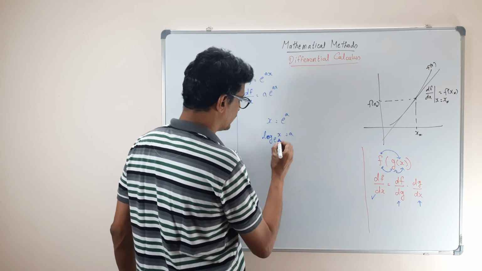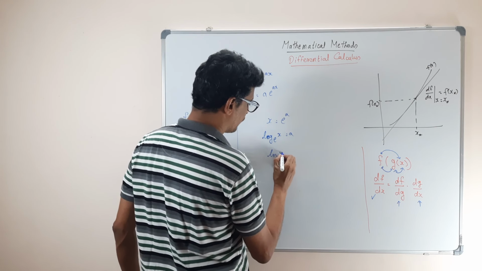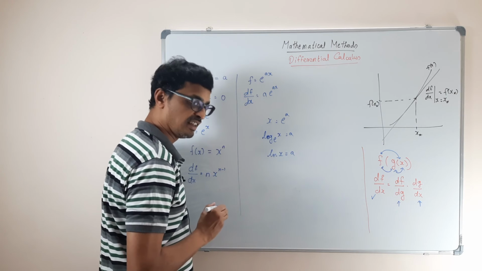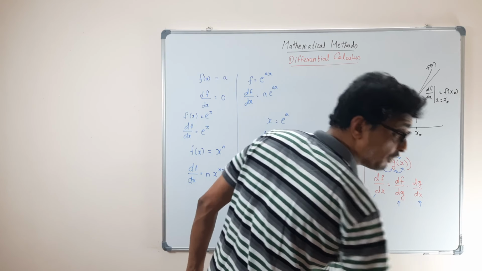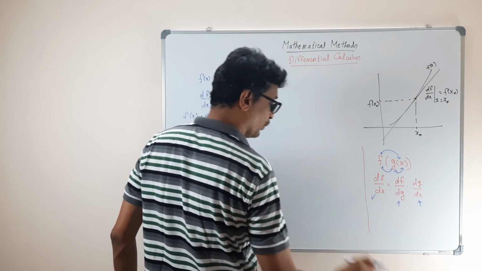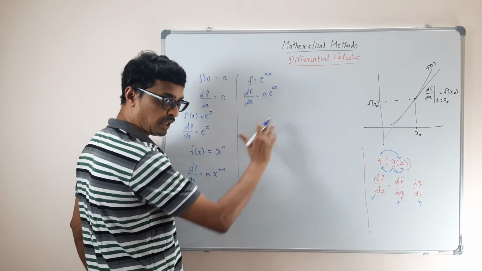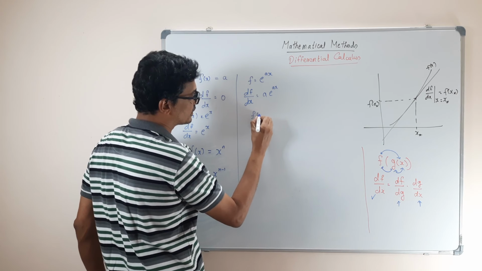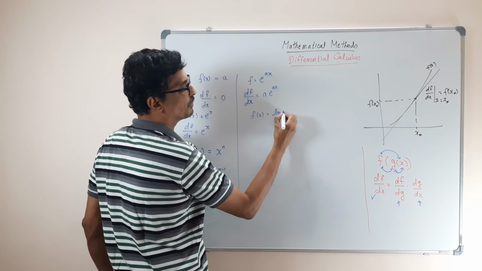And this will be what? ln of x is equal to a. Right? So this can also be a function. Now suppose your f of x is equal to ln of x.